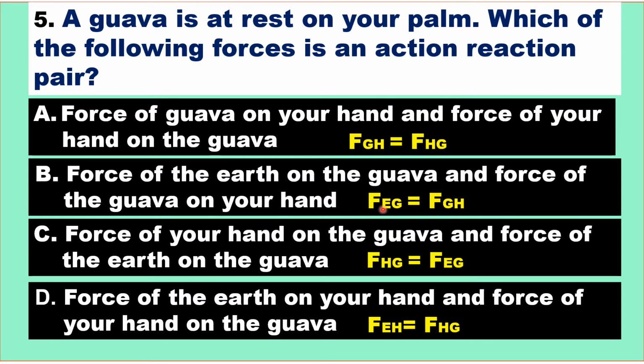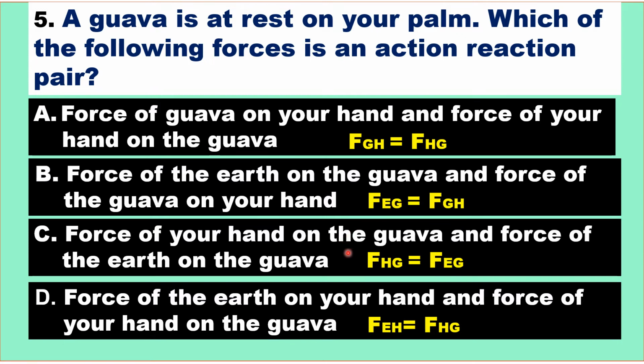E stands for the earth, G for the guava, and H is for your hand. Action-reaction only involves two interacting bodies. So it looks like letter B cannot be a possible answer.